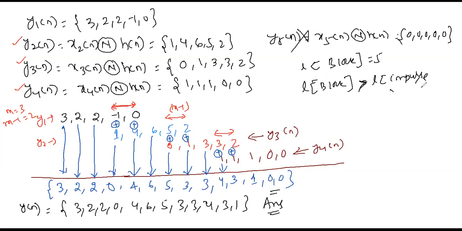I took 5 here, so you better take 6 or 7 or 4, and try the process, the steps I said, the same way, and check the answer. I'm sure you will get the same answer. This is homework. Okay, you try it, and if any query, you can write in the comment box, or you can share it with me so that I will clarify.